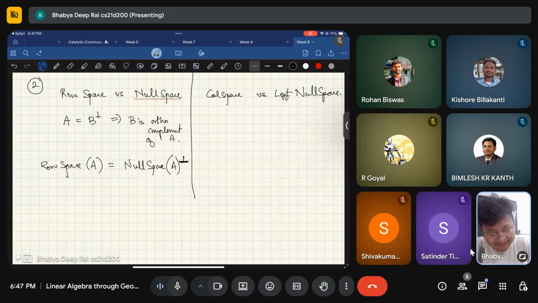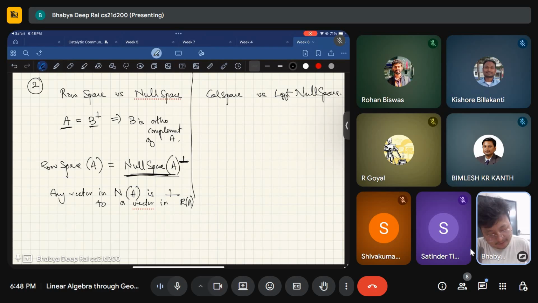Of course, this is in terms of matrices, but what does it mean here? It means that any vector I take from the null space is orthogonal to a vector in the row space.